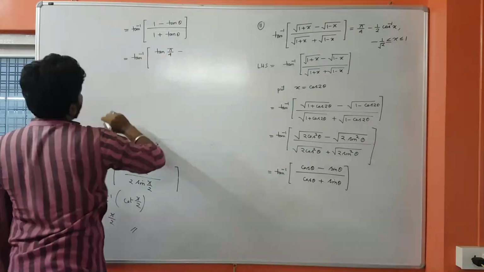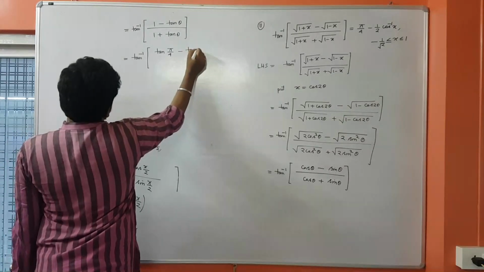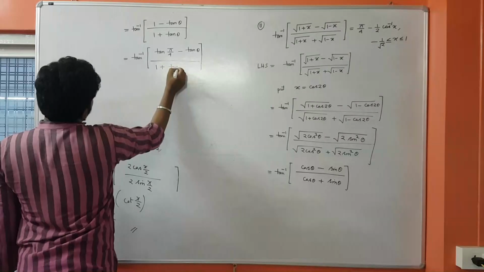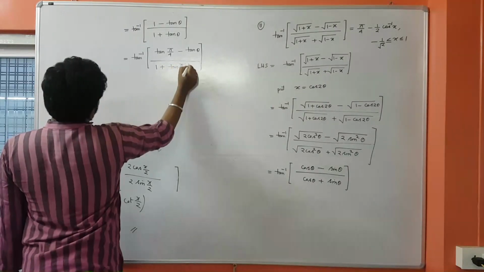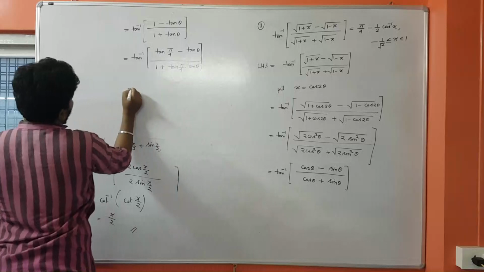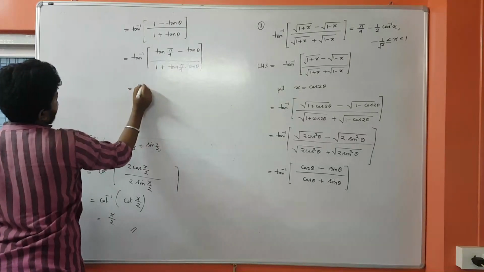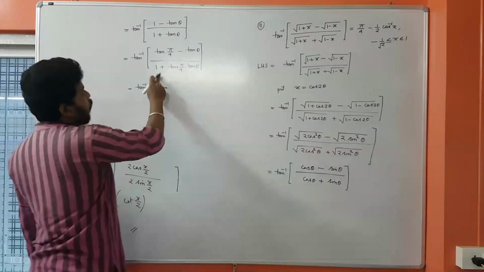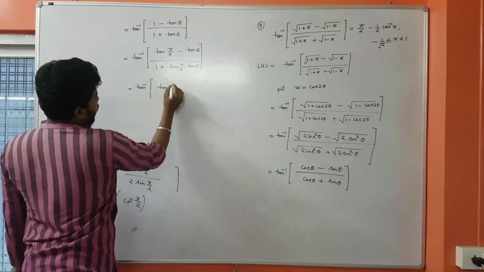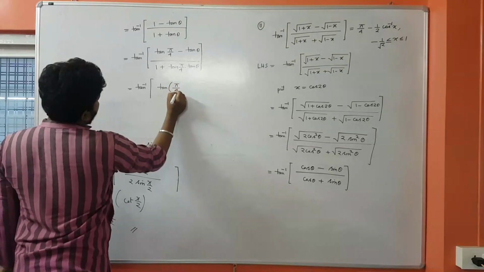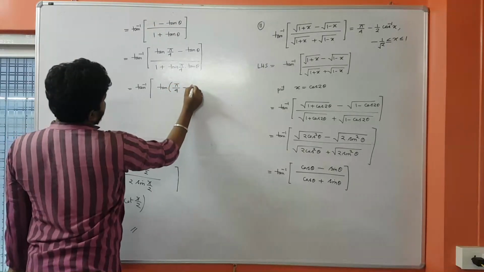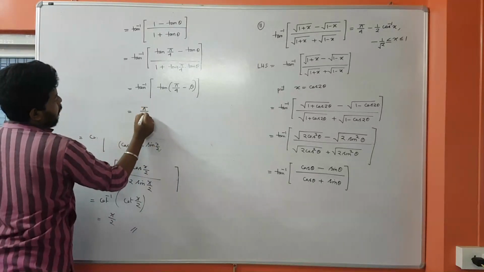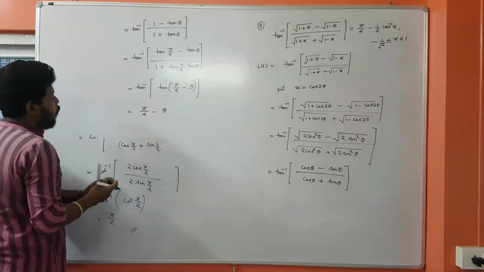This is pi by 4 and this is tan theta, over 1 plus tan pi by 4 into tan theta. Now tan inverse of this is tan(A minus B), which is (tan A minus tan B) divided by (1 plus tan A tan B). So tan(A minus B) is tan(pi by 4 minus theta). Tan inverse cancelled. This is pi by 4 minus theta.